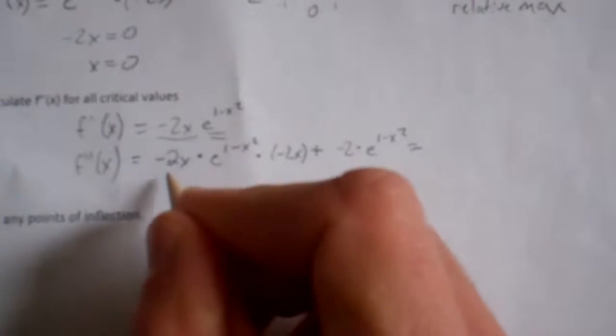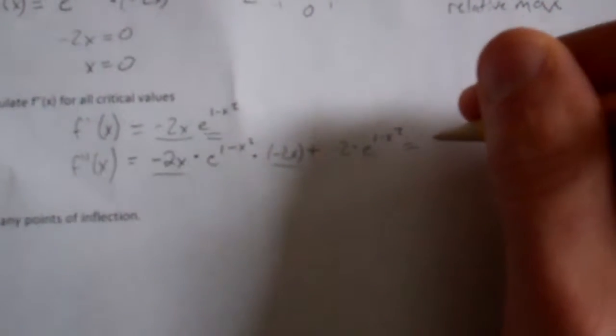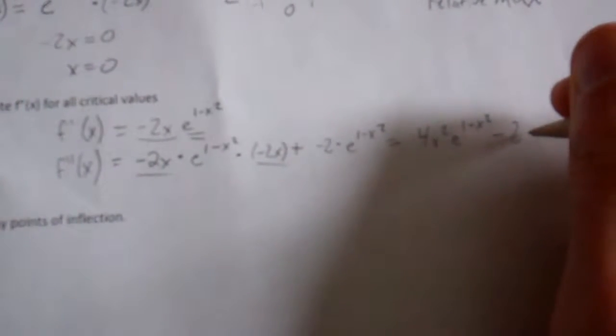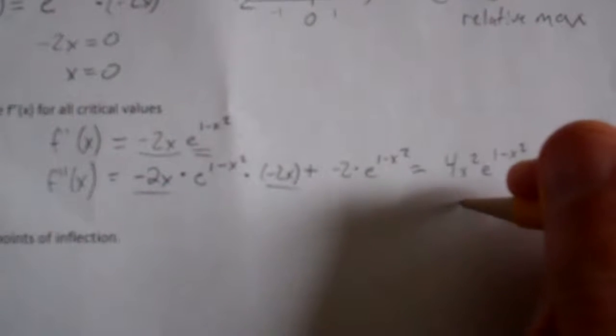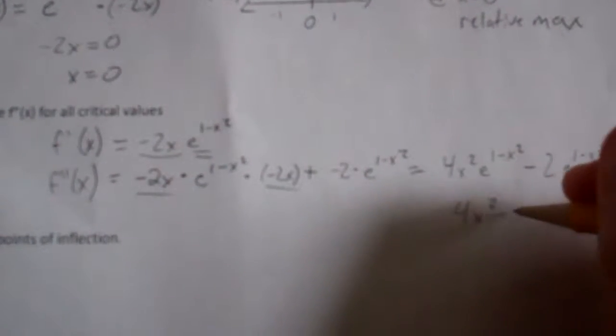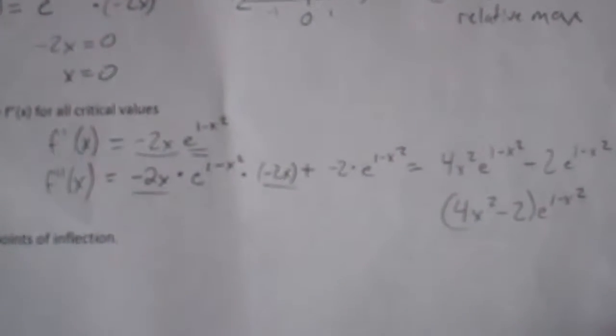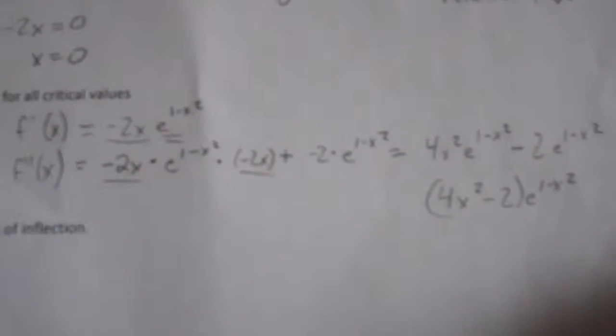Because this is multiplication, I can use the commutative property of multiplication to make this 4x squared e to the 1 minus x squared minus 2 e to the 1 minus x squared, with a little factoring. This is my second derivative.